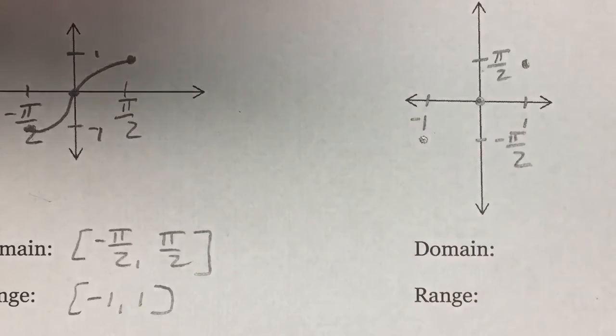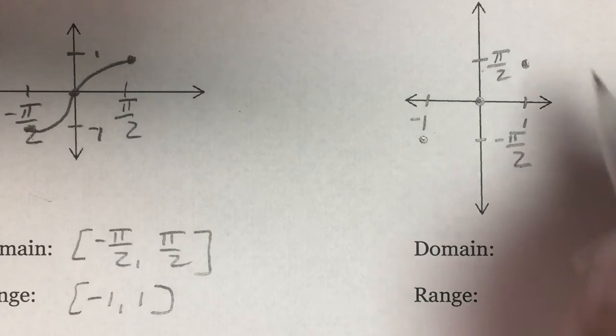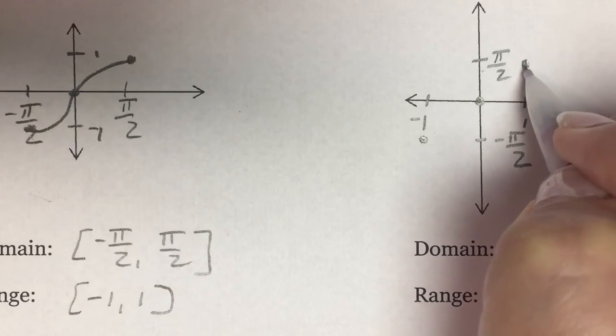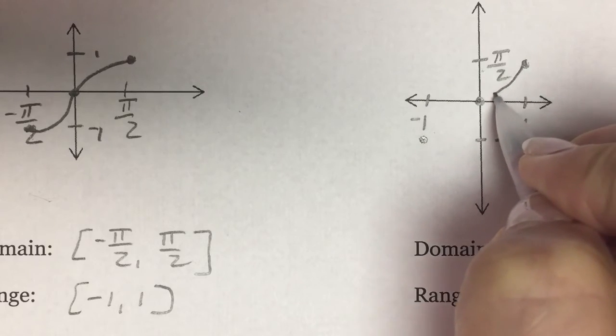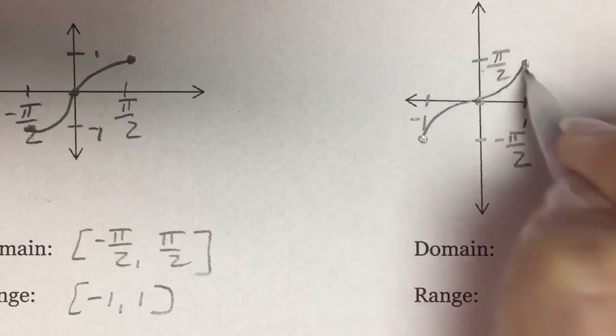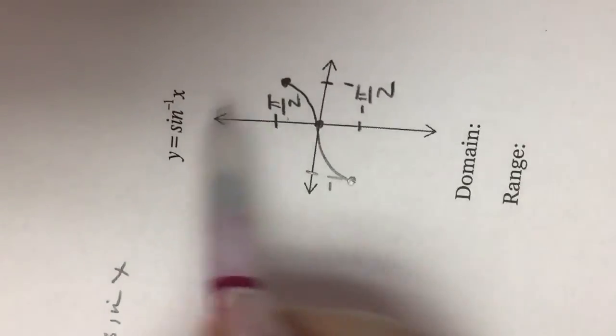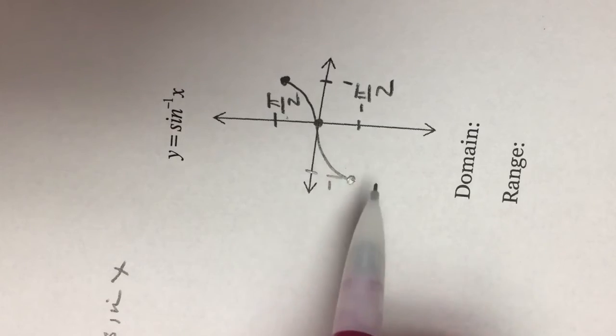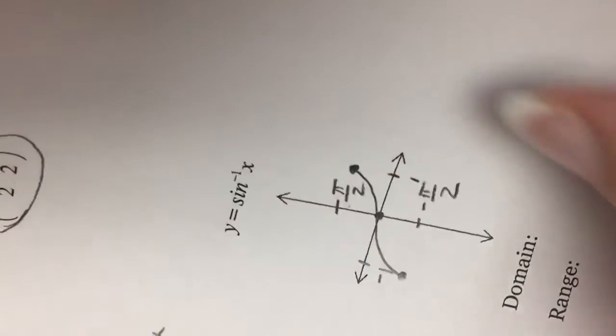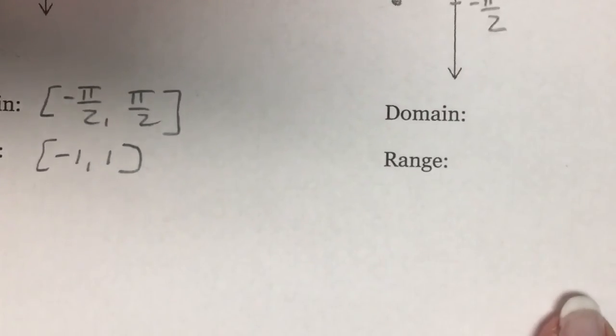Now, if you just look at those points, it looks like a straight line. So you got to make sure you get your curve going in the right direction. Remember, if you tilt your head, you'll see that it's going to go this way. If I flip it, which I'm going to do, and look at it this way, it should look like part of a sine graph, if I just flip my paper 90 degrees.